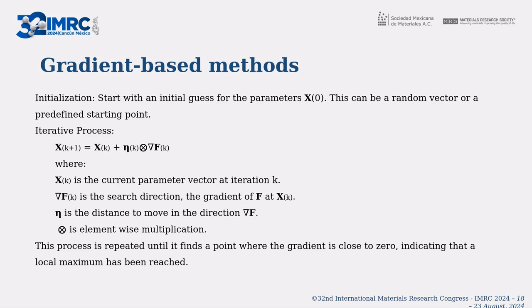The combination of direction and distance at iteration k provides the next point for iteration k+1. This algorithm requires defining an initial point beforehand, and the process repeats until the gradient is close to 0, indicating that the local maximum has been reached.